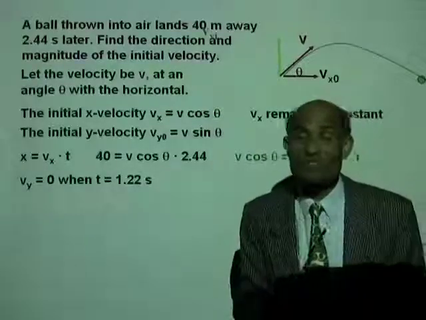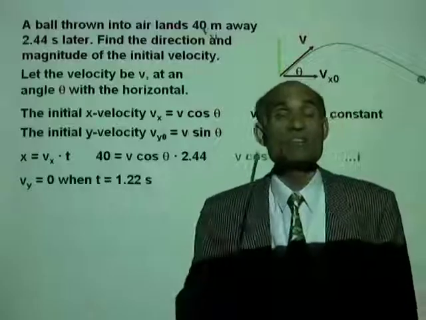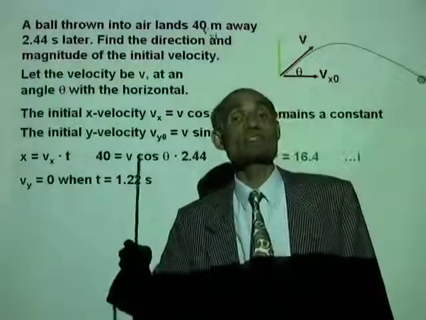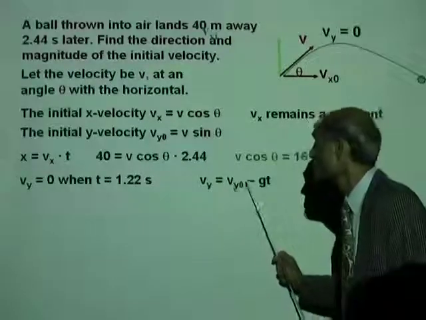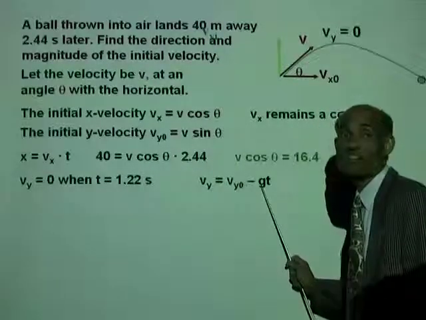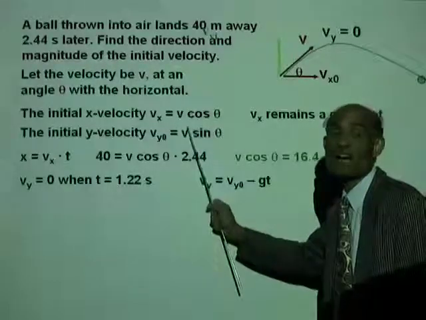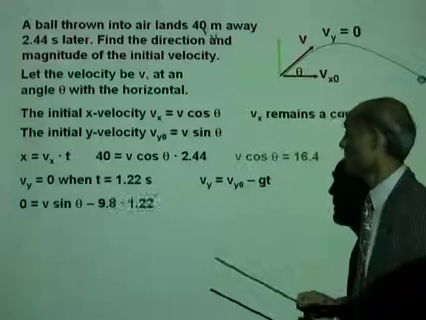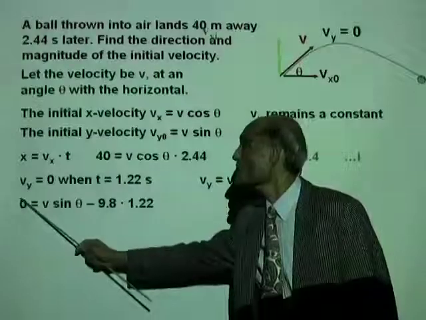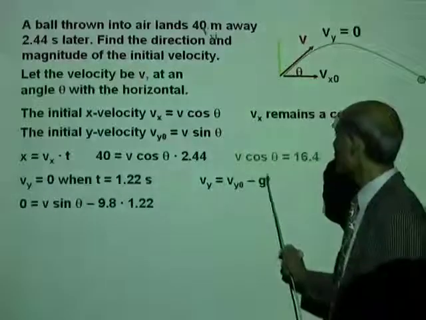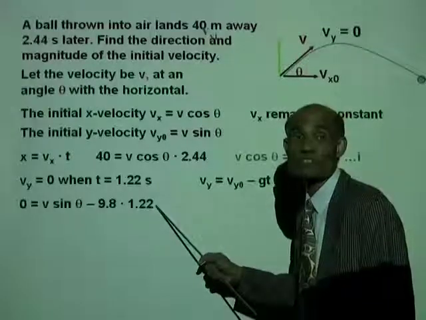And what is the expression for the y velocity? The y velocity Vy is Vy0 minus gt. Is that right? So Vy equals Vy0 minus gt, and this Vy0 is V sin theta. Alright, so Vy will be equal to 0 when t equals 1.22 seconds, half the time of flight.